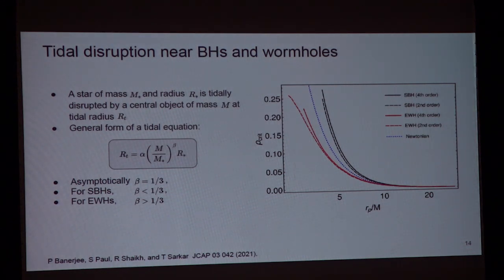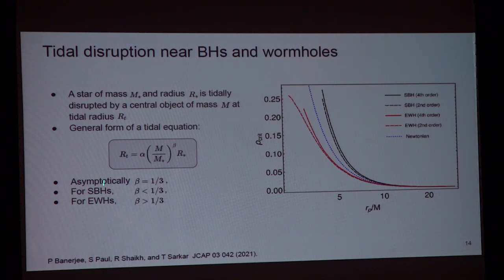If you now apply the tidal disruption, alpha m by m star to the power beta, and compute rho critical versus R_P, the periastron position, that is the position of nearest approach of the stellar object near the black hole horizon or the wormhole throat, then the Newtonian result is over here, and this is the rho critical. This rho critical for the wormhole is actually lesser than the rho critical for the black hole, and this leads to various conclusions about when a star will actually be disrupted by a wormhole, or eaten alive, or the same thing for the black hole as well.